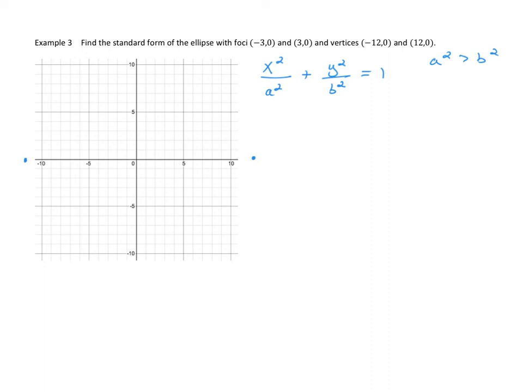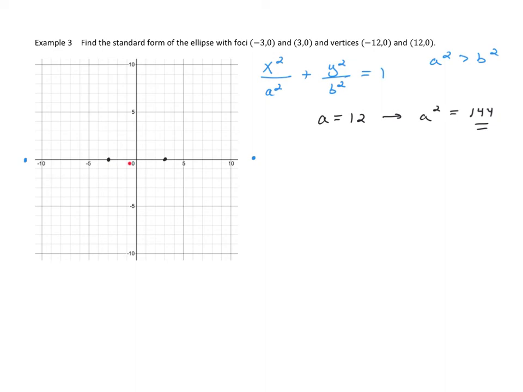So we already know that a is equal to 12, and therefore a squared is equal to 12 squared, which is 144. The other piece of information that we have is the location of the foci. So one is at positive 3, so there's one here and another one here.